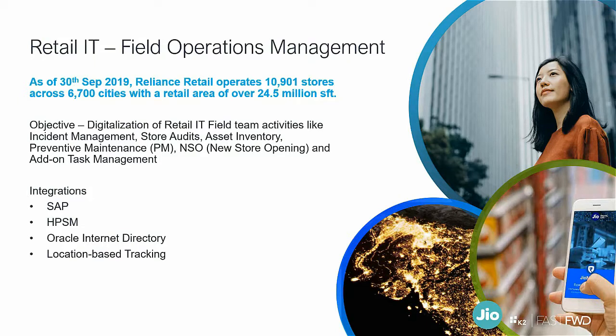What was our objective in implementing these automations on the K2 platform? It was digitization of the retail IT field team for activities like incident management, store audits, asset inventory, preventive maintenance, new store openings, and task management.